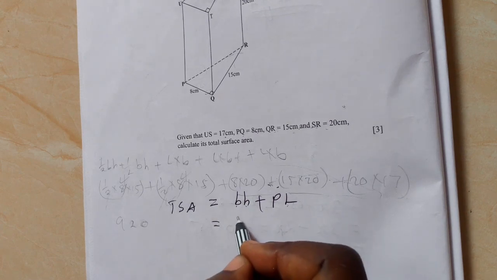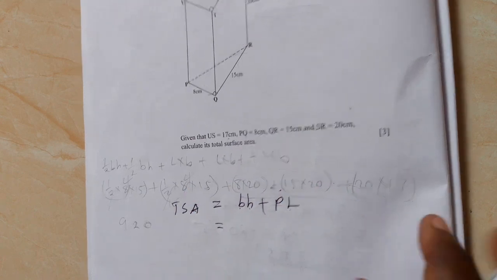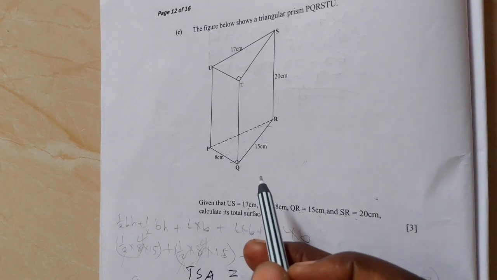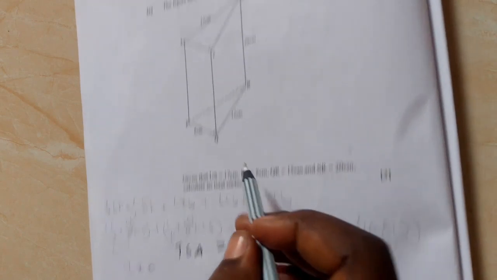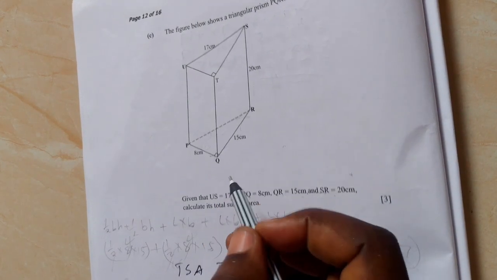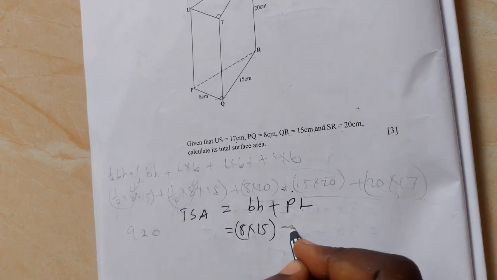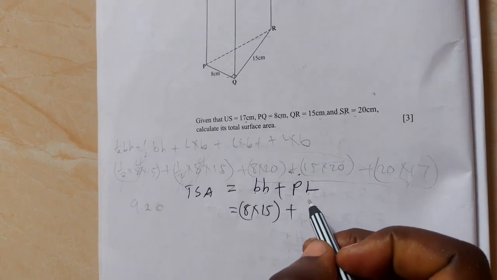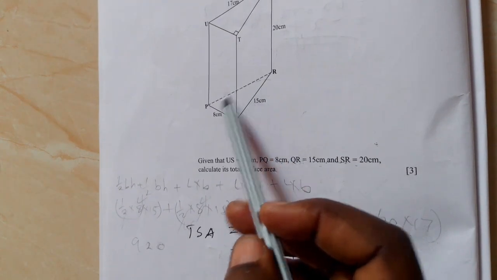So from here, we're just going to substitute. Let us look at the B. So B is 8, times the height of the triangle, that is 15, plus the perimeter of the triangle. This triangle here.